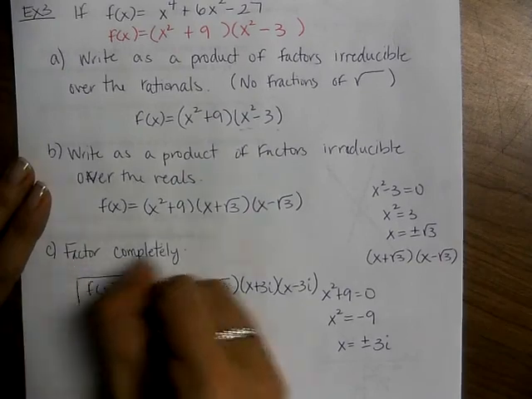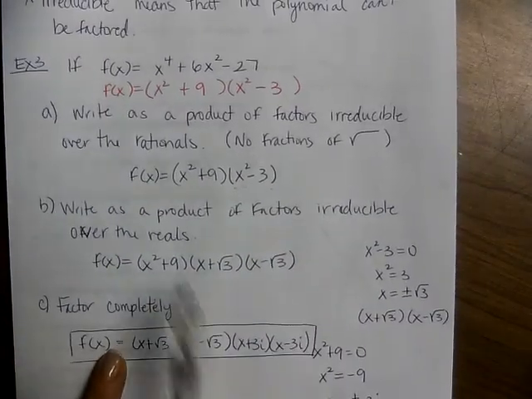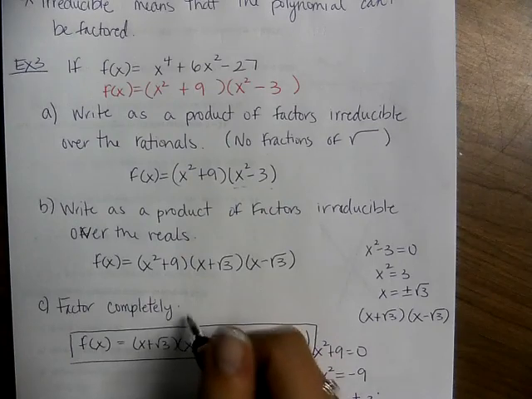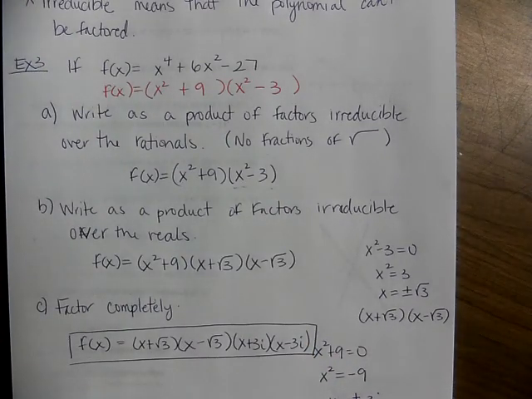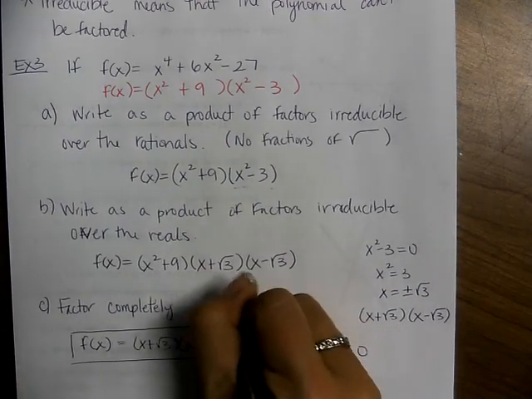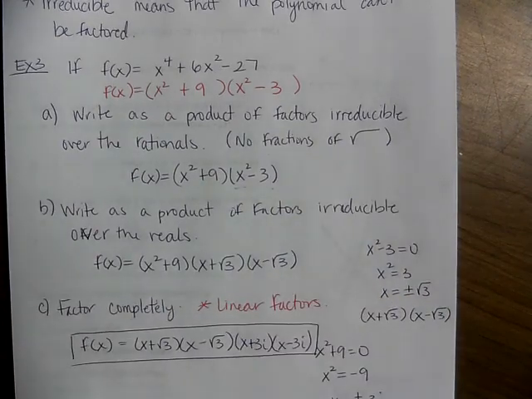So if I ask you to factor completely, even though it looks very strange to us, we have to take what we would normally do and take it further down to linear factors. Do you understand that? You might want to make yourself a note there: factoring completely means we need linear factors. Any questions?